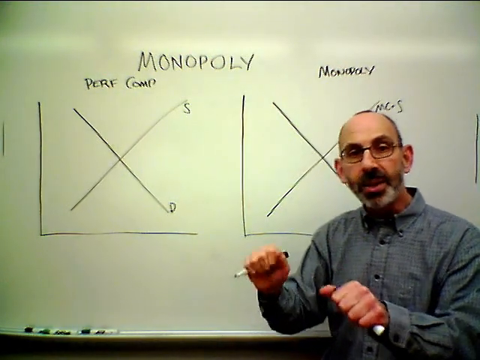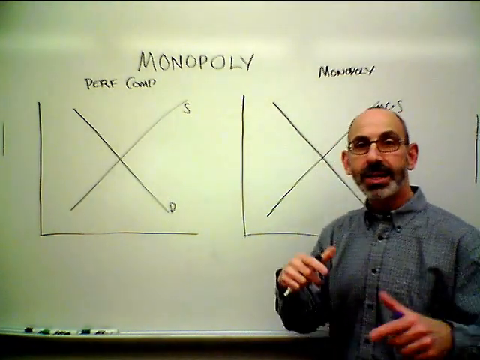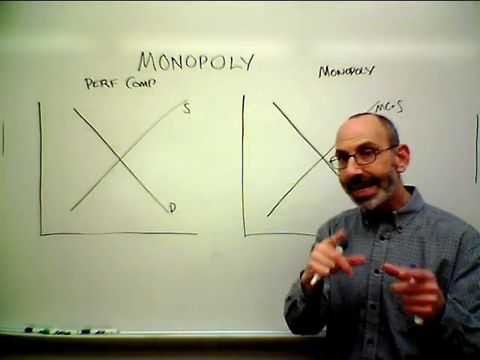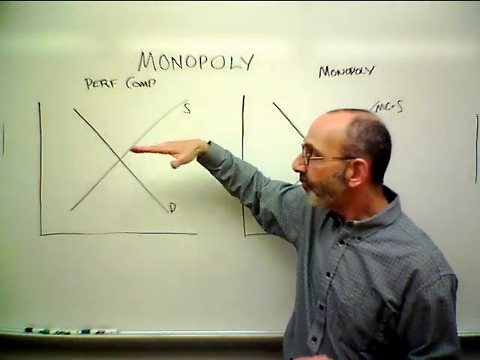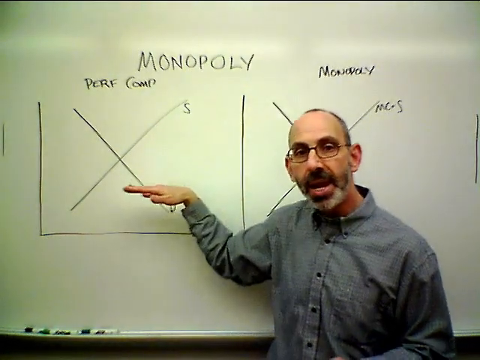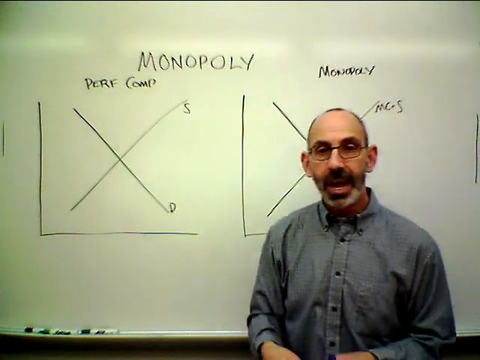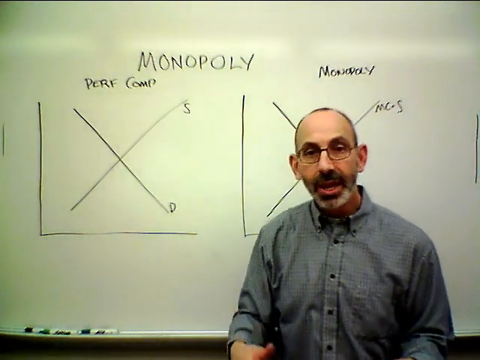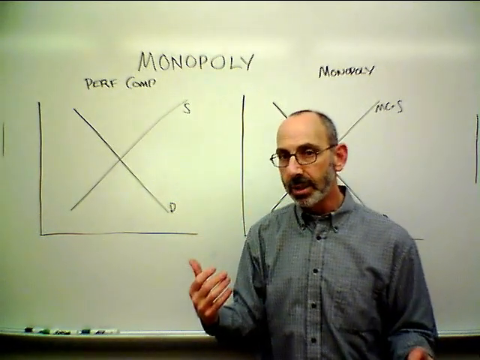And when they can't enter, it means that only one firm is going to be operating in this market. It has the entire market. Unlike this, which is the market for perfect competition, a perfectly competitive firm will have a horizontal demand curve and will be able to sell as many units of its product as it wishes and can produce, all at that same prevailing P-star equilibrium price.